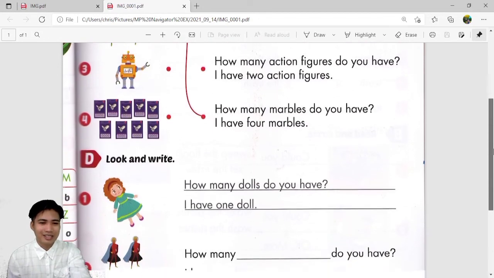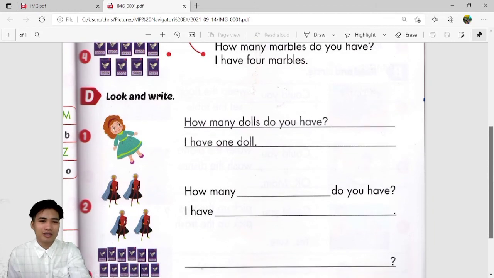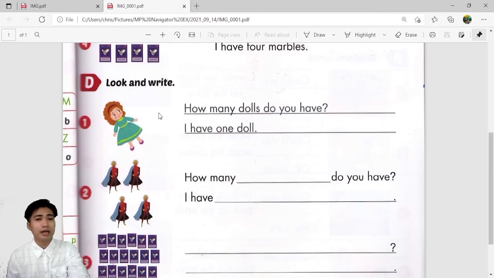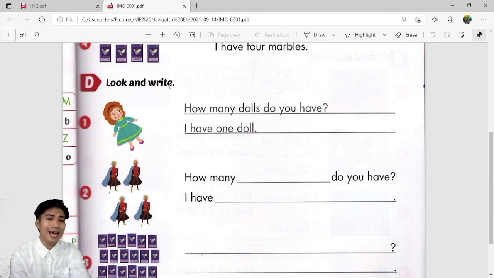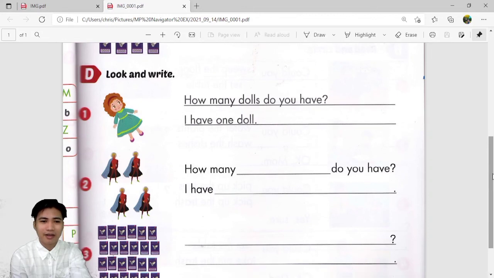Letter D. This time you're going to look at the picture and then write the question and sentences. For example, number one: how many dolls do you have? I have one doll. As you can see in the picture, it has only one doll.